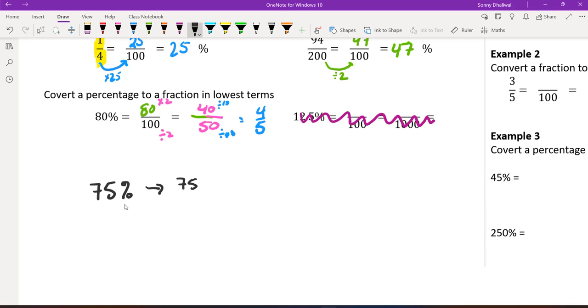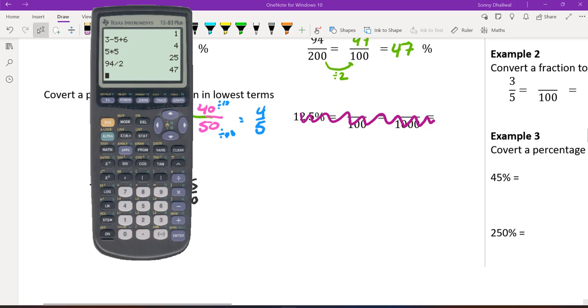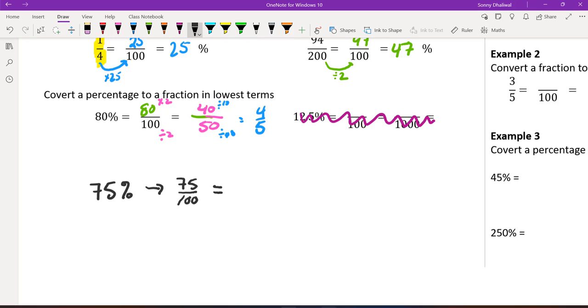That's 75 over 100. Remember the fraction line just means divide. So you go 75 divided by 100, and we get 0.75.